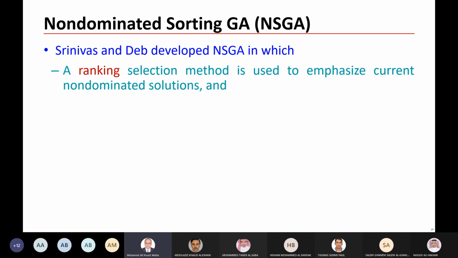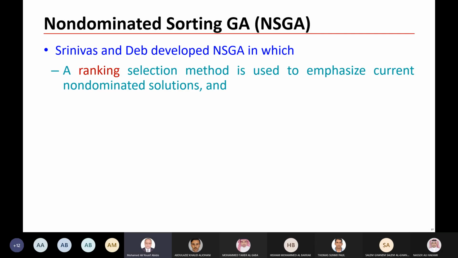I would like to remind you of the distinct properties of multi-objective optimization. In the selection process of the genetic algorithm, we need to be more biased toward non-dominated solutions.